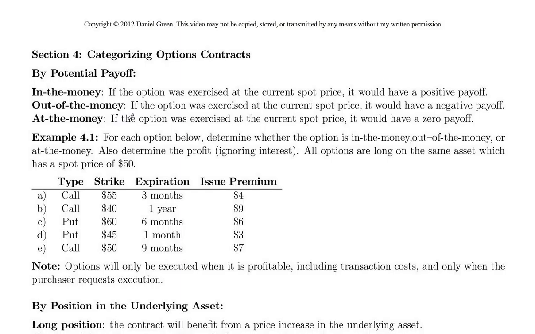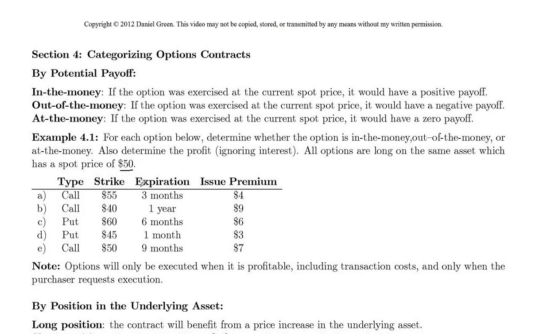So let's look at some examples here. For each of the options below, we want to determine in the money, out of the money, or at the money, and also determine the profit ignoring interest. All the options are going to be long on the same asset, which has a spot price of $50.